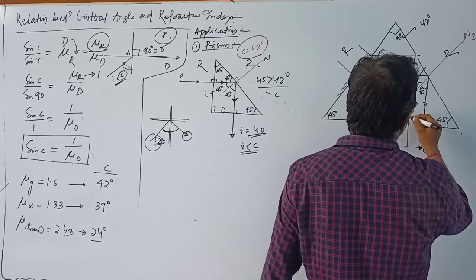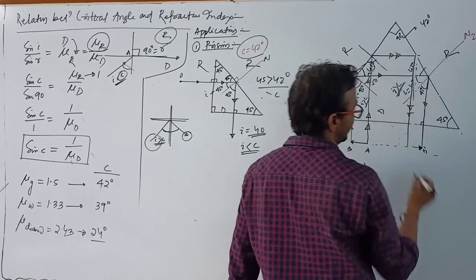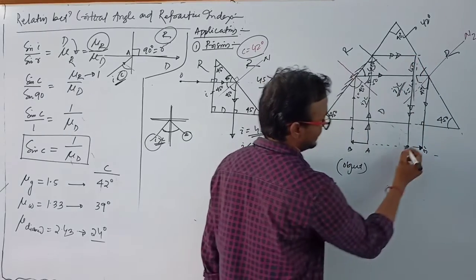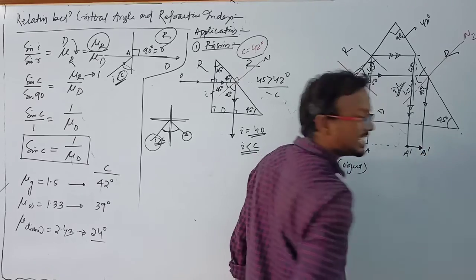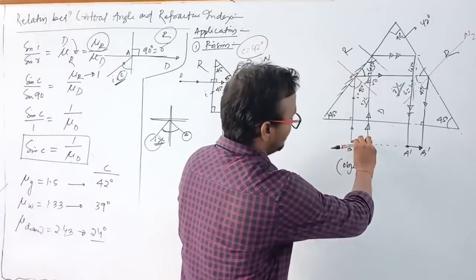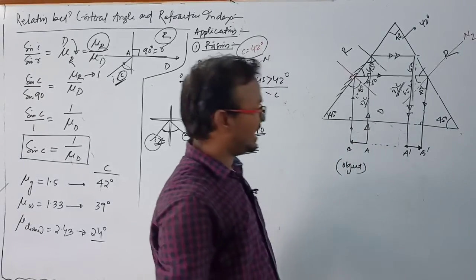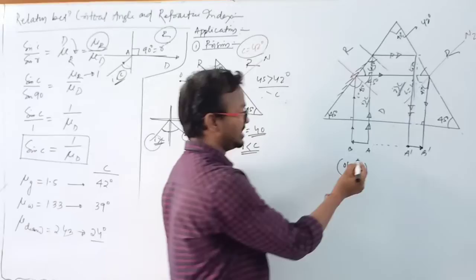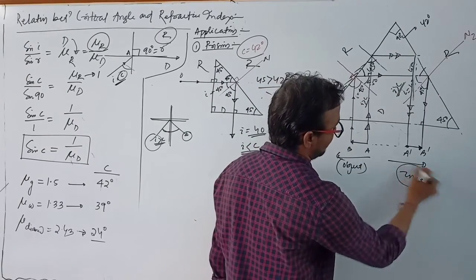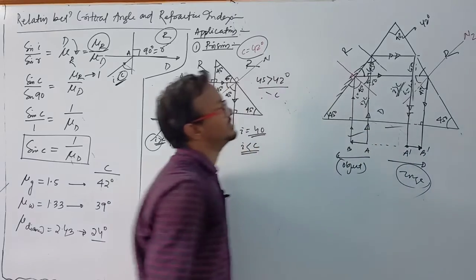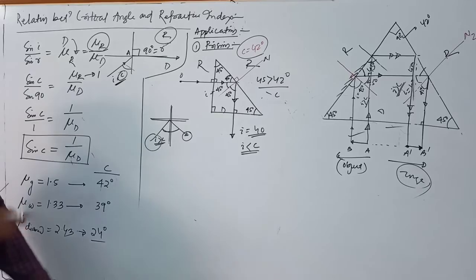This is the final ray and this is the second ray, and this point is A and this point is A dash, and this point is B dash. So this is the direction of the object, and this is the direction of the image. So the image will be at an angle of 180 degrees, because this is the direction of the object and this is the direction of the image. So by using the concept of total internal reflection, you can solve different types of problems.